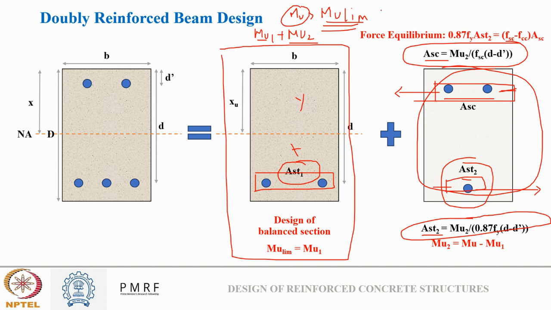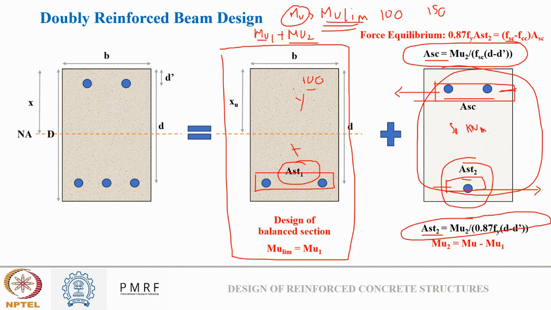Suppose my Mu limiting value is 100 and the Mu acting on the beam is 150. So the first part I will design for 100 kilonewton meter only, and the second part I will design for 50 kilonewton meter.